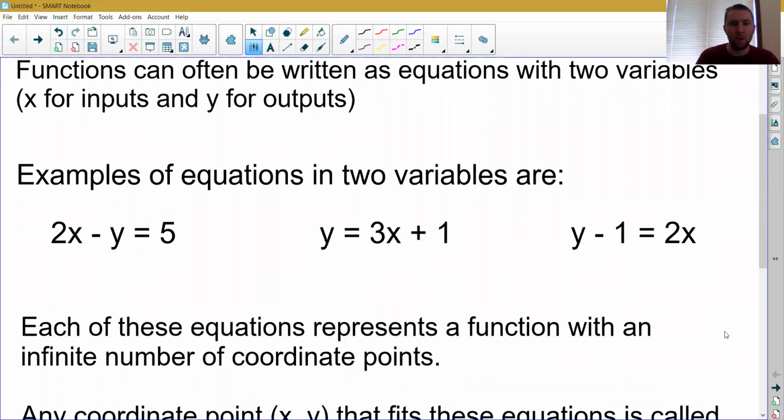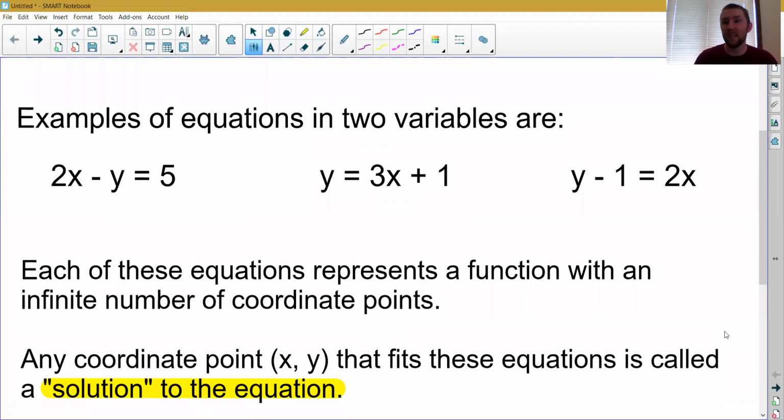Specifically, we're going to investigate the solutions to these equations. And what we mean by that is these equations represent a function or a relation that has an infinite number of coordinate points. So there are a bunch of coordinate points (x, y) that fit these different equations.